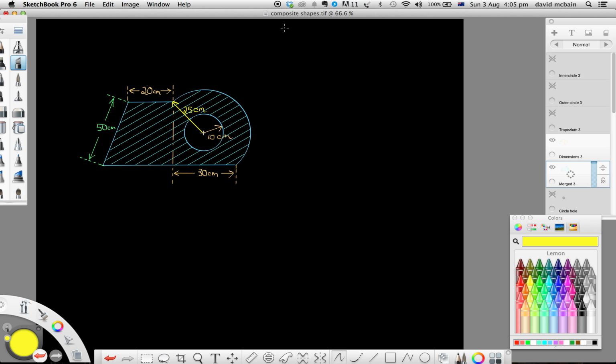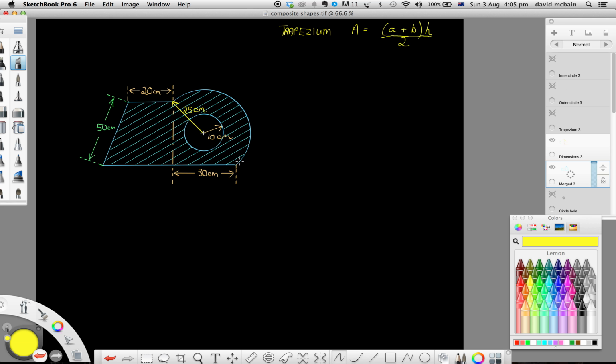Shape A was a trapezium, and the area of a trapezium is equal to (a plus b) multiplied by its perpendicular height, divided by 2.